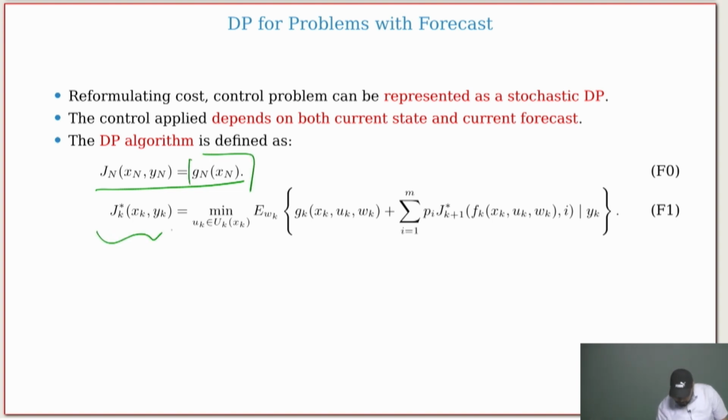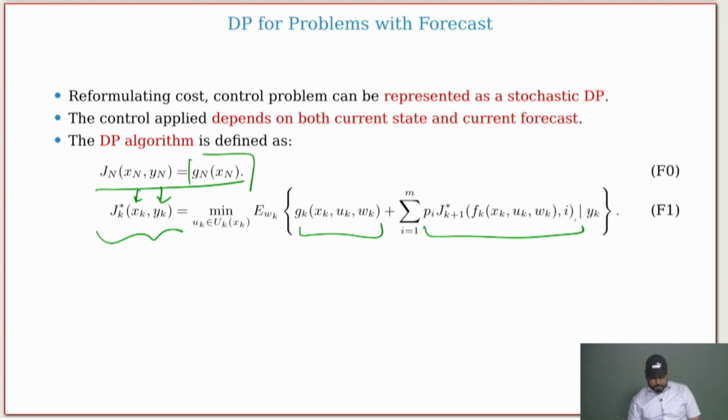And at the kth step, you are at a current state xk, and you are given some forecast information yk. Then you are supposed to compute the cost. That cost will be g(xk, uk, wk), the current cost, plus the expected future cost.